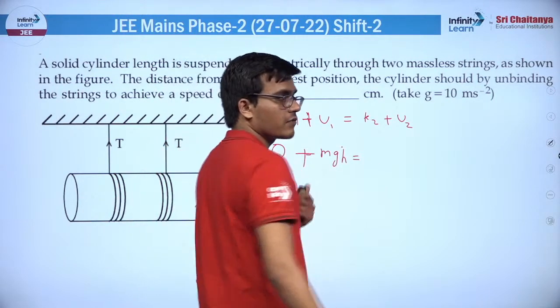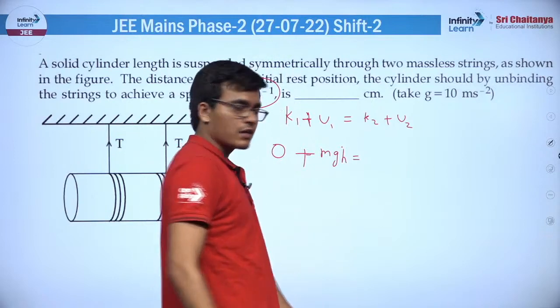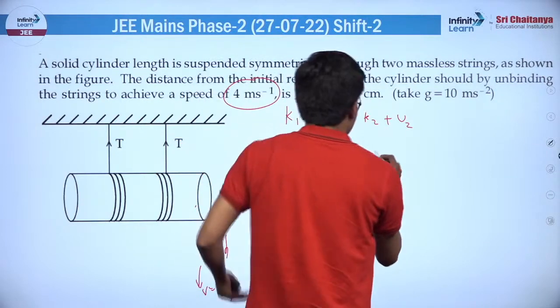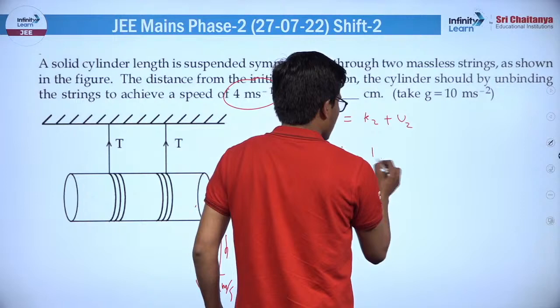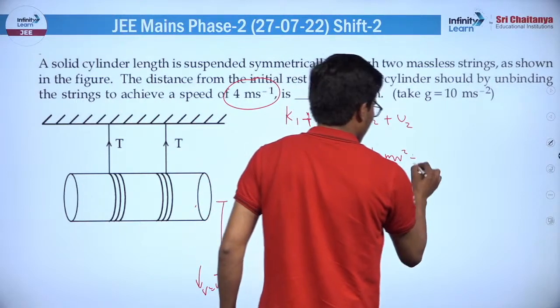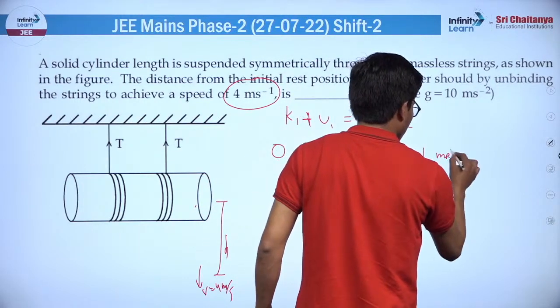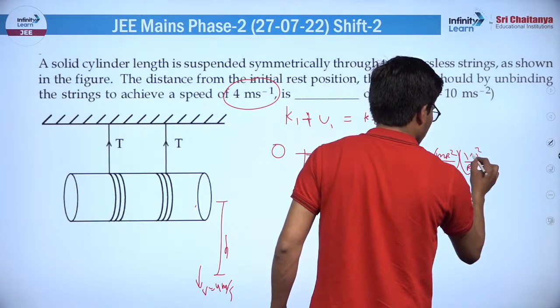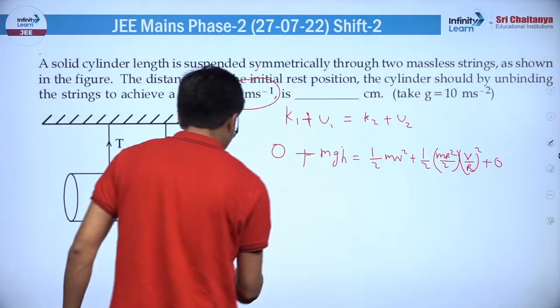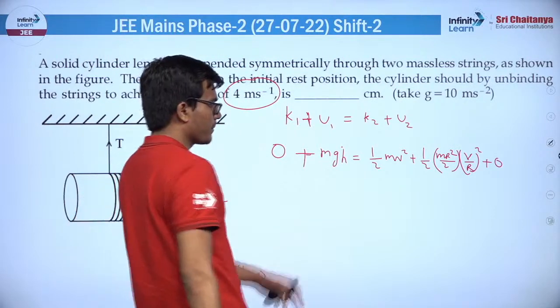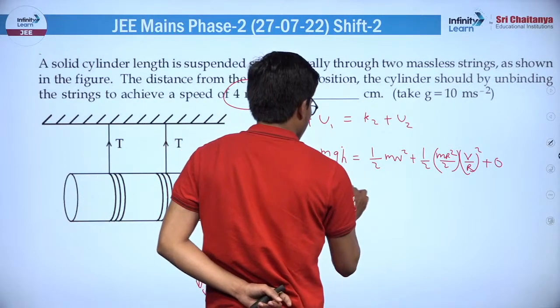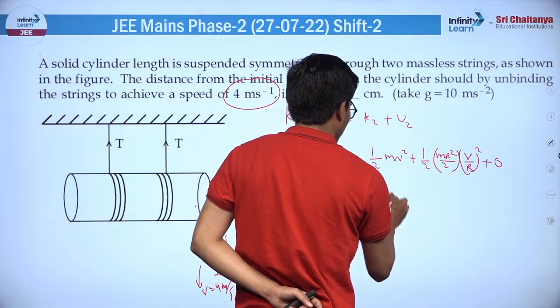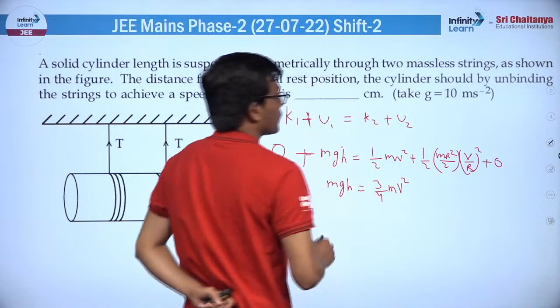The final kinetic energy will be rotational as well as translational. It's a disk actually, or you can say a cylinder. So half mv square plus half I omega square, where omega you can write as (v by r) whole square. Final potential energy we have assumed 0. So this will be mgh is equal to 3 by 4 mv square, and I need to find h.